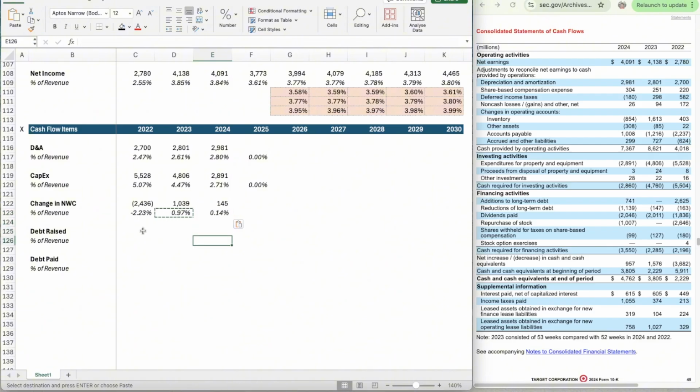Okay, now the debt raised. Where is it? Additions to long-term debt 2625.